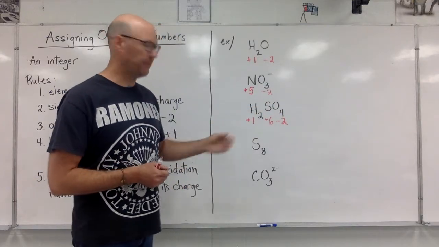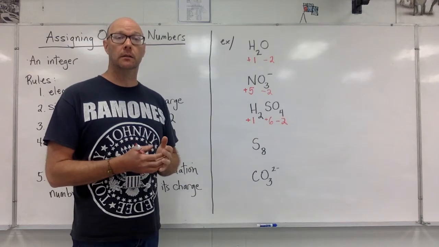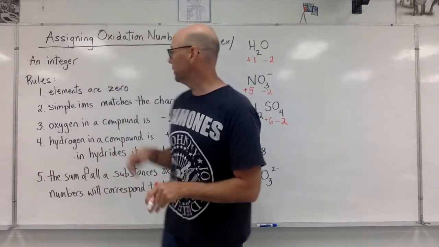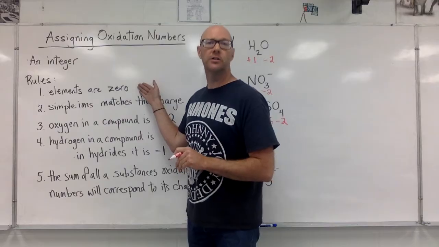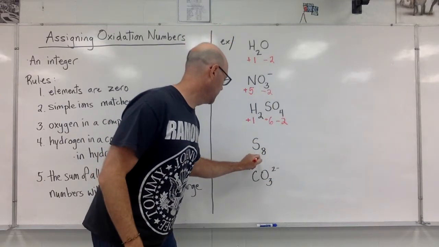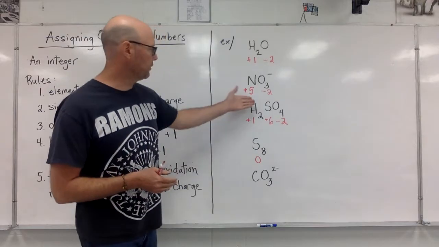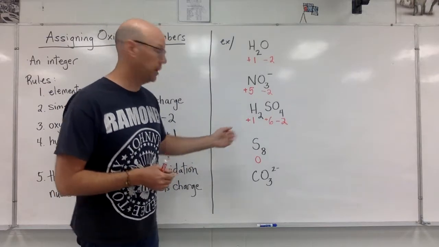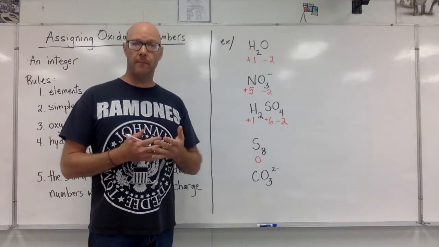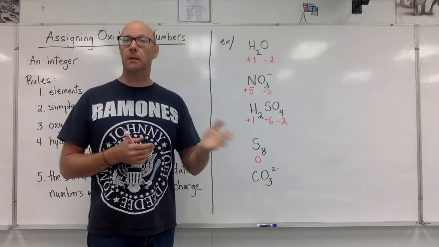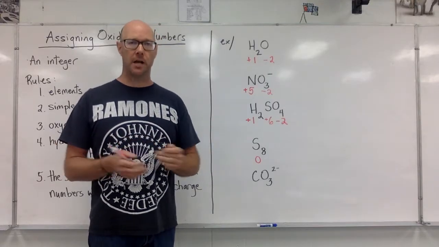I have sulfur as an element, S8. Sulfur as an element, elements are 0. So sometimes sulfur maybe is +6. Here it's 0. The oxidation numbers of different substances are going to be fluctuating all of the time.